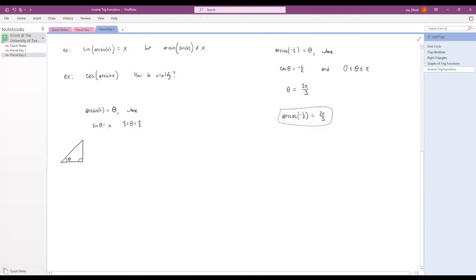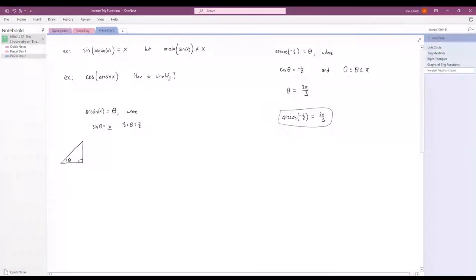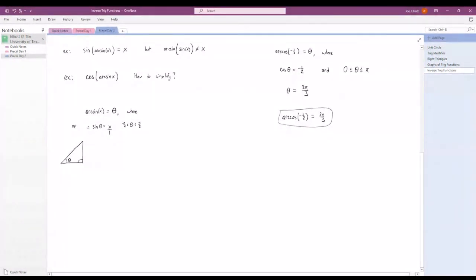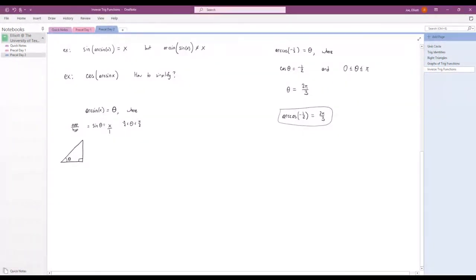And with sine theta being equal to x, if I think of it as x over 1, and I also think of sine as opposite over hypotenuse, I could draw a right triangle and label the opposite edge as x and the hypotenuse as 1 to represent this equation. And then what I'm looking for is cosine of this angle.